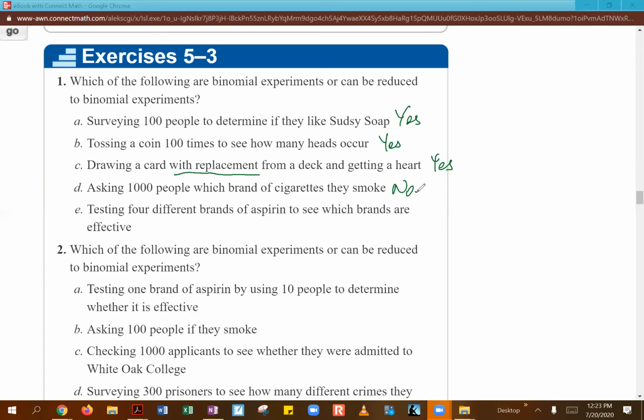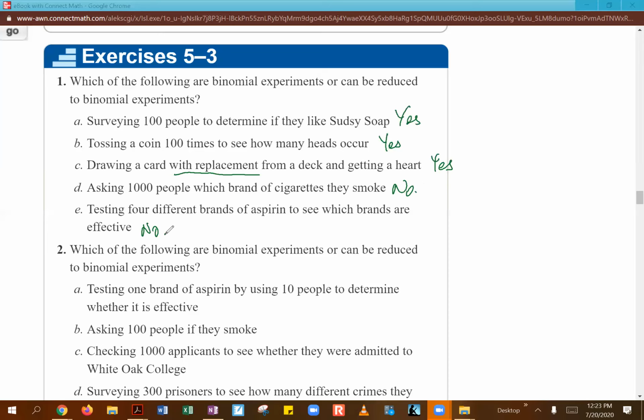Lily, you're also saying no. Because what's happening here is you have 4 brands. Now, if they were talking about one brand and wanting to know if it is effective or not effective, yes, that can be simplified into a binomial experiment. But when you're talking about 4 brands, it's going to be hard to just break it down into a binomial experiment. Yeah, very nice, guys.